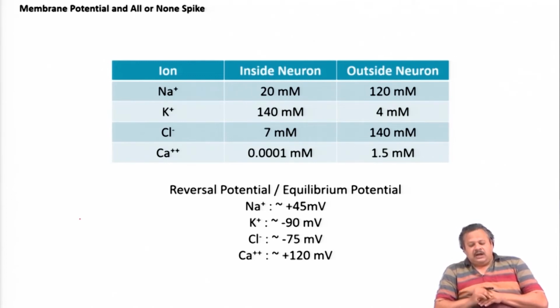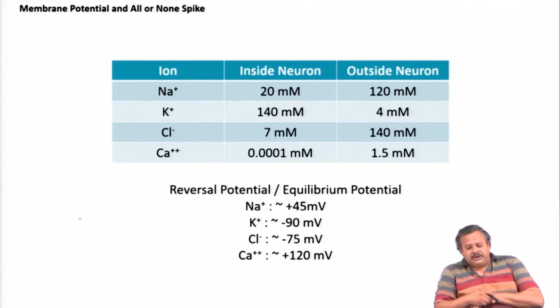That is, if the concentration were the driving factor, then potassium would be flowing out of the neuron because of the high concentration inside, and sodium would be flowing into the neuron because of the high concentration of sodium outside.